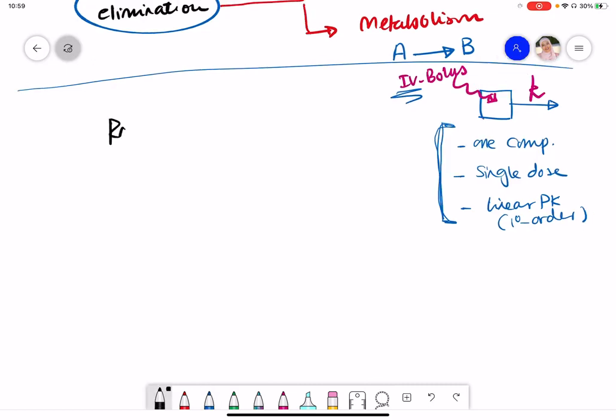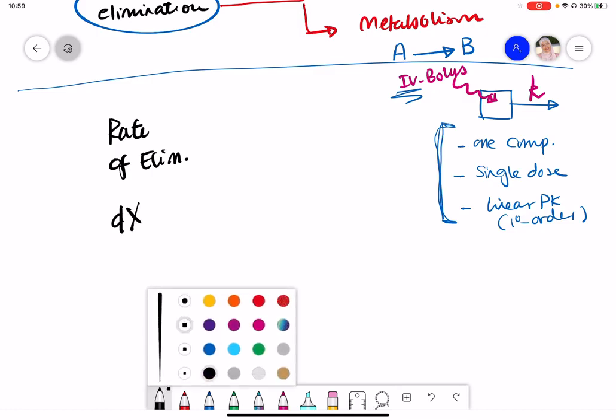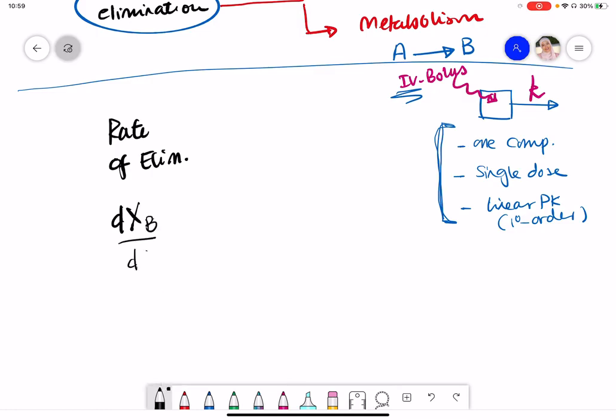So we had rate of elimination as dXb over dt at certain time equal to minus k, which is elimination rate constant, multiplied by the amount remained in the body at certain time.